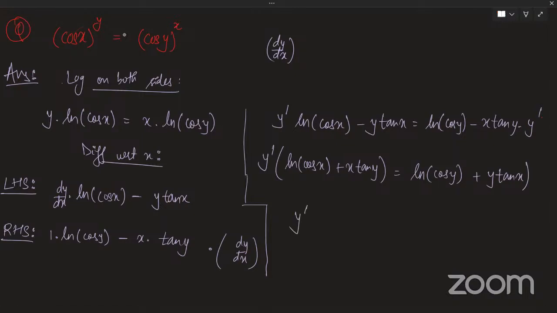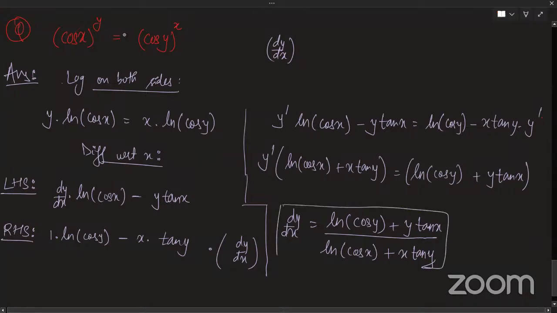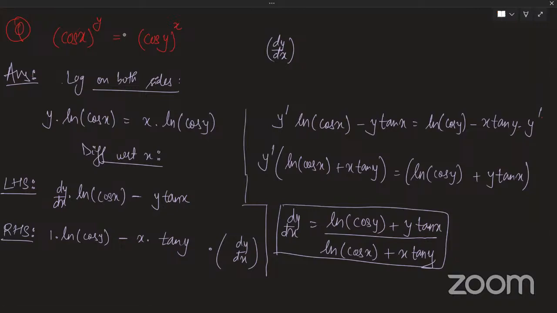So my value of y dash or dy by dx is basically ln of cos y plus y tan x by ln cos x plus x tan y. Great. So this thing divided by this thing, right? This is correct, everyone? Yes, sir. Great, correct.